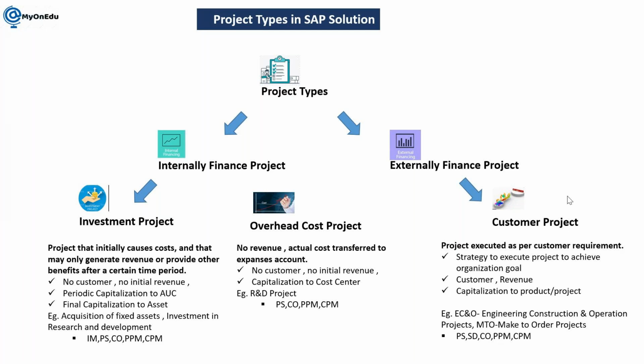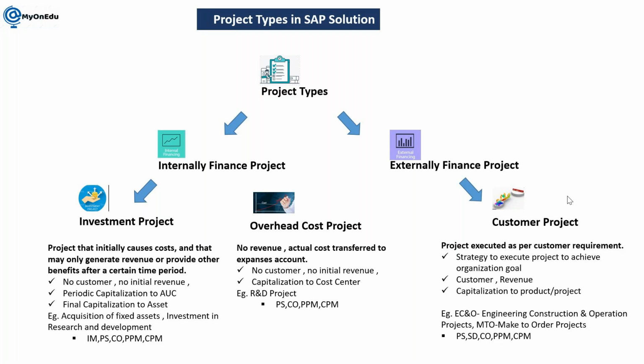Here different modules like PPM and CPM are used. For example, CPM can cover everything from RFQ to delivery. I'll also give you some examples of how you can manage within PS only without going to CPM, because some clients don't want to go to that module.